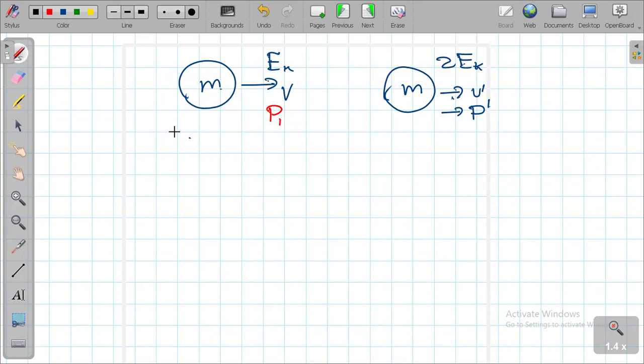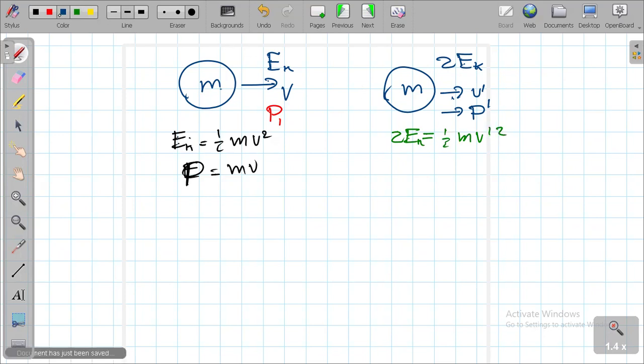Right. Now have a good look. Ek equals half mv square, and p is equal to mv only. Let me apply it here. So in the next case, 2Ek equals half mv dash square. You changed it.